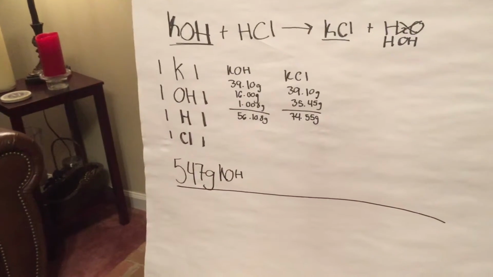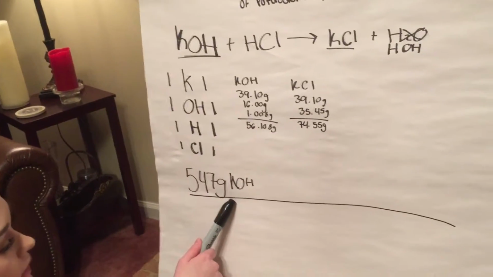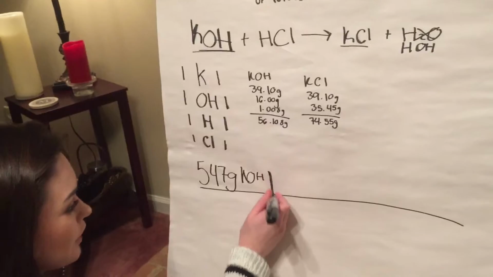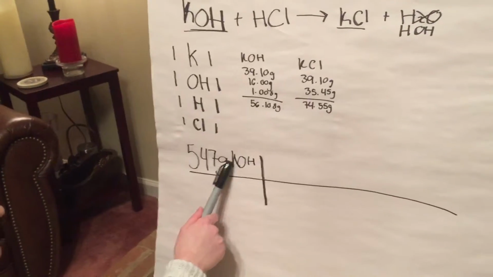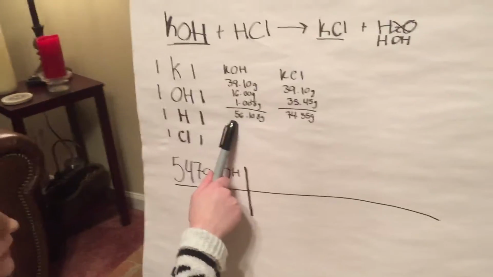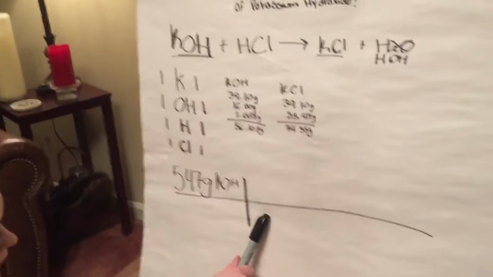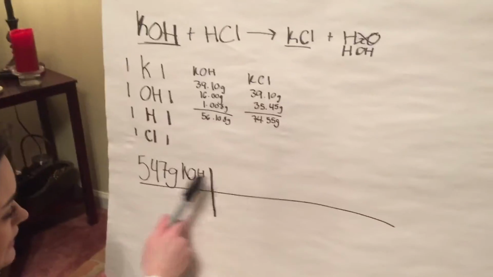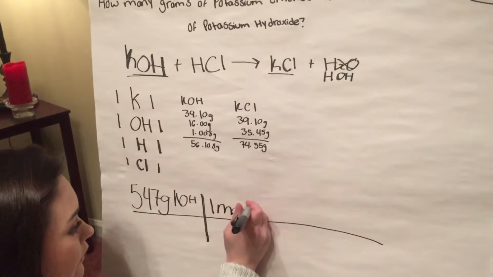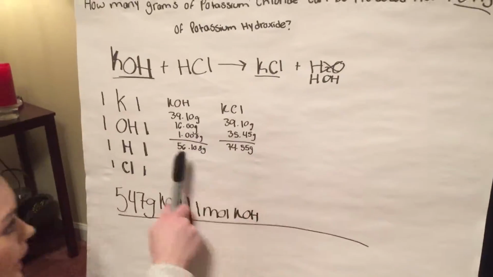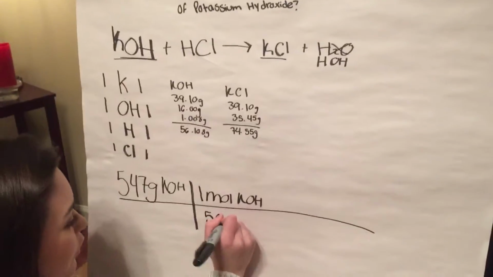Now, what we need to do is convert this KOH, or potassium hydroxide, into moles. In order to cancel out the grams, we need to take our molar mass, which is 56.108 grams, and put that on the bottom so it cancels out. So we can convert this into moles. For every 1 mole of KOH, we have our molar mass, which is 56.108 grams.